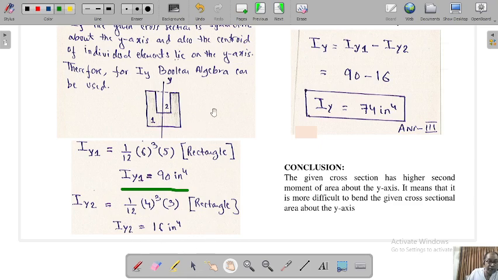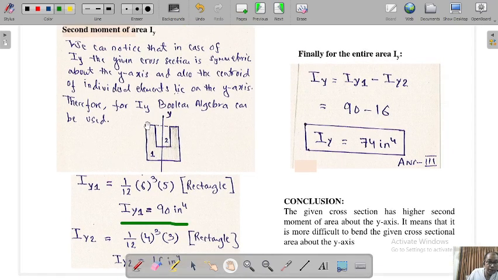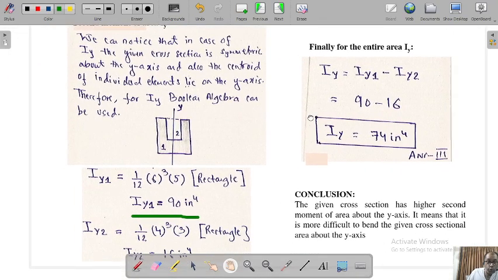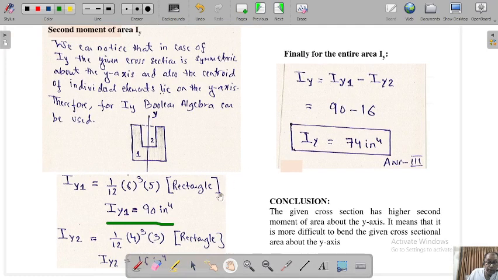But since we have assumed that the whole rectangle was solid and we subtracted the inner one from it, the total second moment of area about the y-axis, Iy, will be equal to I1, 90, minus the assumed shape Iy2, which we calculated as 16.